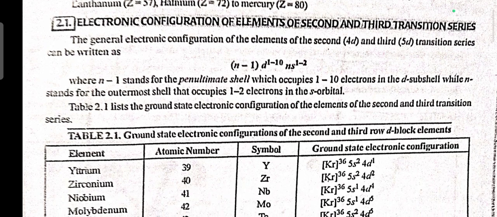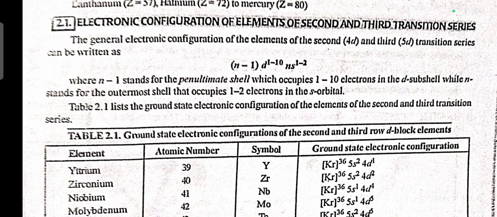Electronic configuration of elements of second and third transition series. The general electronic configuration of the elements of second and third transition series can be written as (n-1)d1 to 10 ns1 to 2, where n-1 stands for the penultimate shell which occupies 1 to 10 electrons in the d subshell, while n stands for the outermost shell that occupies 1 to 2 electrons in the s orbital.